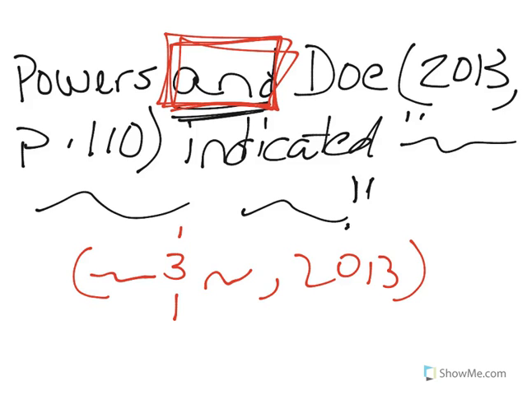Now, if you do not have a page number, say it's something that you found on a website or some sort of article that does not have page numbers, you can cite the section number or the paragraph number or some other way that someone would be able to figure out where you got that quotation from. So that was just a really brief, broad overview of an APA reference for an article.